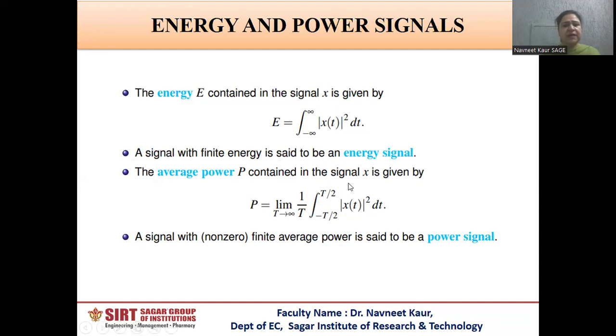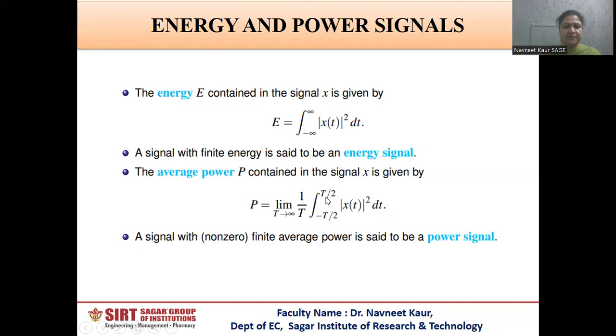Similarly, the average power contained in the signal x(t) is given by the limit of 1 upon T, where T is the fundamental time period of the signal x(t), as T tends to infinity, of the integral between minus T by 2 to plus T by 2, that means over one time period, of |x(t)| squared dt.